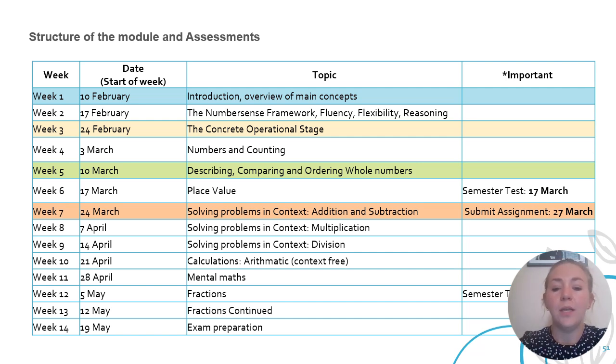So we covered an introduction and an overview of the main concepts that will underpin each lecture moving forward. So just take note of that and make sure that you start to understand the various concepts and how they relate to each other.